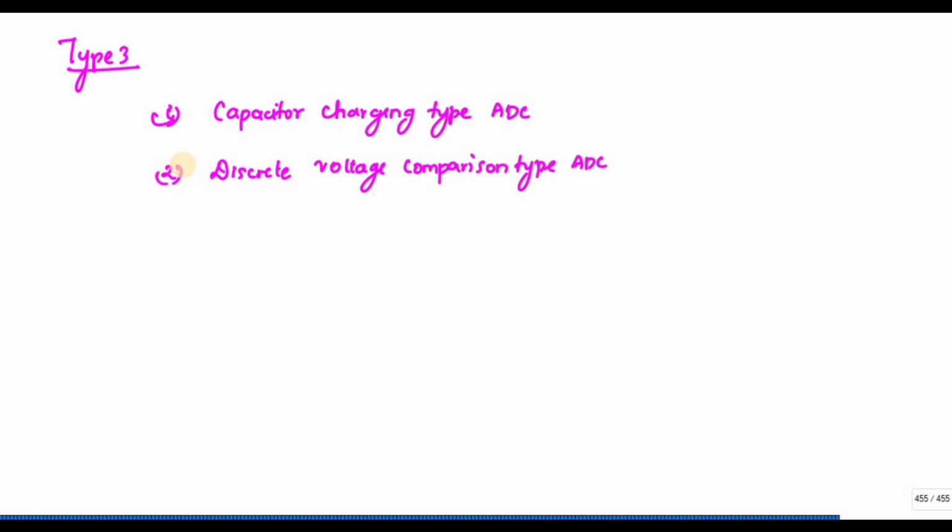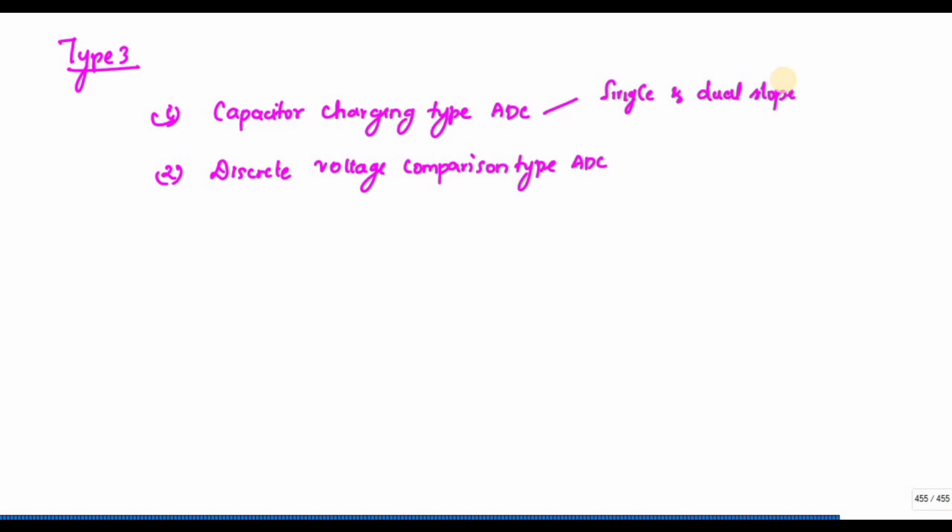The capacitor charging type ADC operates on the principle of charging the capacitor at the rate of the input voltage, while simultaneously pulling discrete charge packets out of the capacitor at the rate at which the net charge flowing is always zero. This capacitor balancing integrated type of ADC belongs to this category. Single slope and dual slope ADC come under this category.